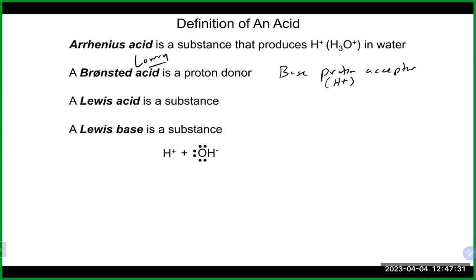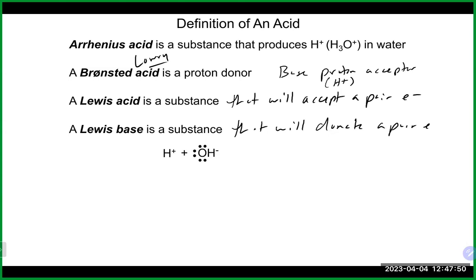A Lewis acid is a substance that will accept a pair of electrons, while a Lewis base is a substance that will donate a pair of electrons.